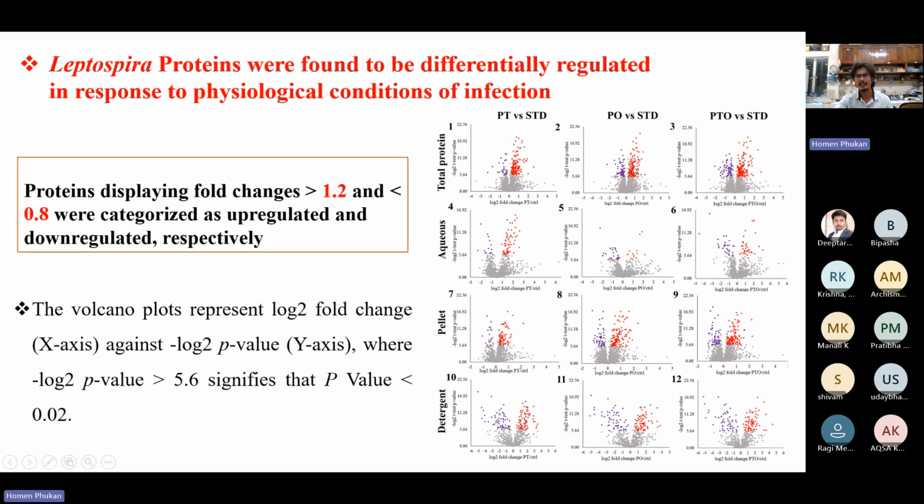Then you can see in the figure itself the total proteins, aqueous fractions, pellet fractions, and detergent fractions. Here you can see that in the detergent fractions, the differentially expressed proteins are comparatively more significant than in other fractions.